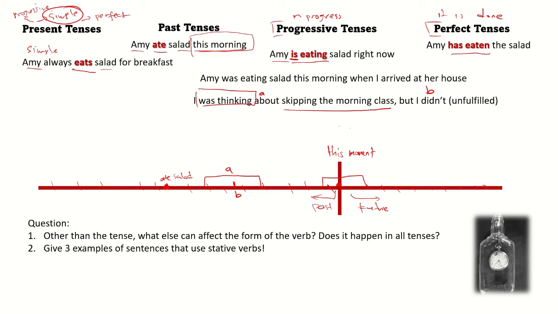That's what I mean by unfulfilled events. The progressive tense is also commonly used to express this unfulfilled event. Okay, let's go to the next example.